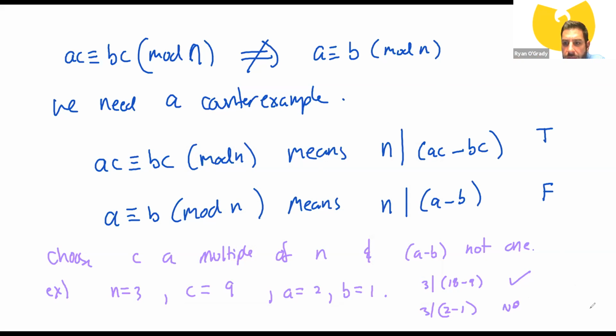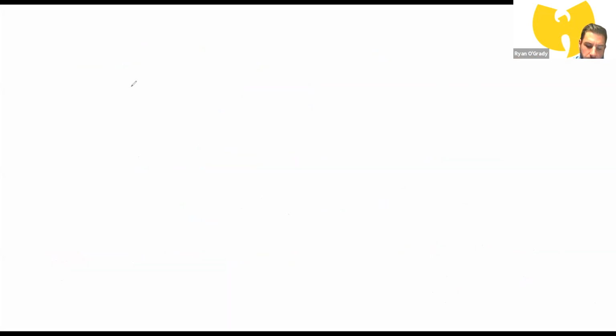All right, let me give you a hint for 7 then. 7 says if you have an odd integer that's positive, then n squared minus 1 is divisible by 8.